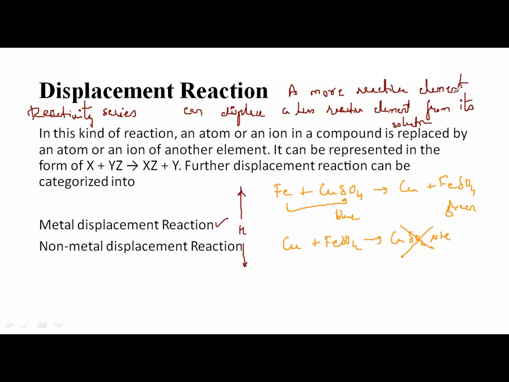So a more reactive element can replace a less reactive element from its solution. Iron is more reactive than copper, therefore iron has displaced copper from its solution. Whereas copper is less reactive than iron, therefore it cannot displace iron from its solution. So you cannot expect a green solution turning blue. Not possible, because the reaction itself does not occur.